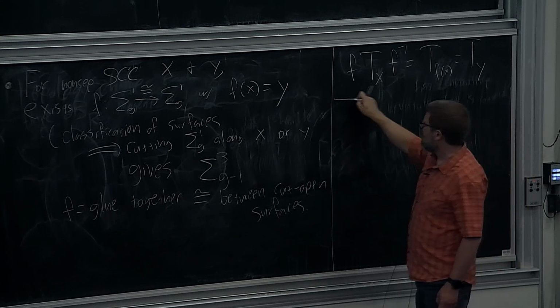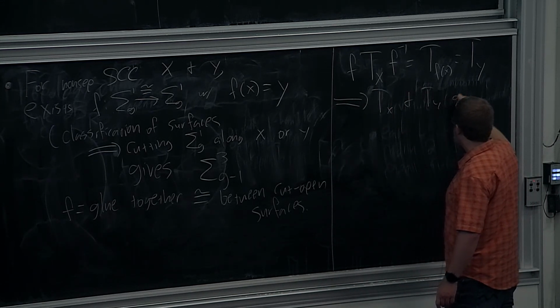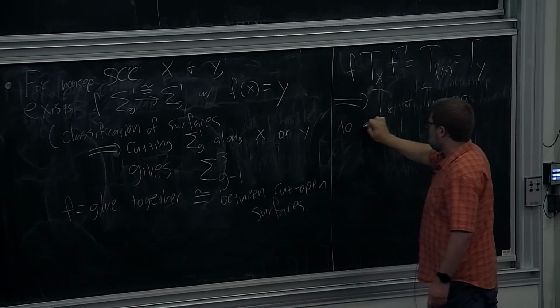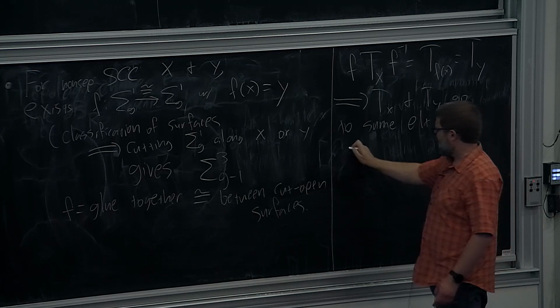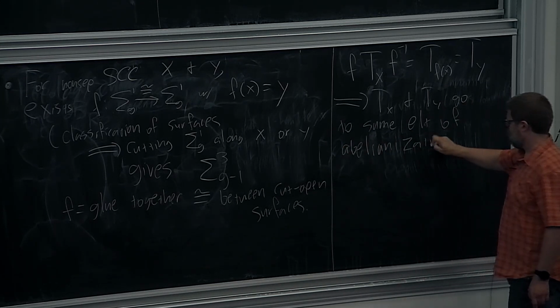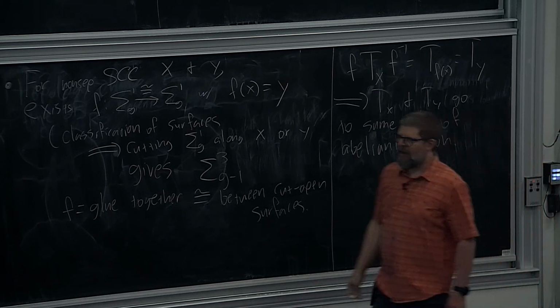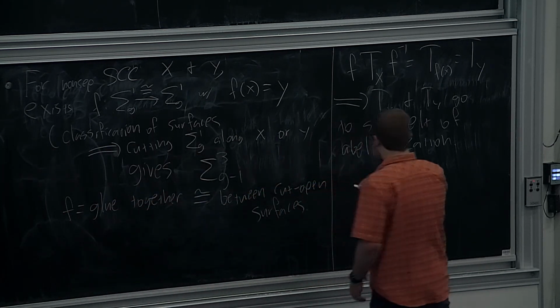And so thus, tx and ty go to the same element of the abelianization. Right? So it's generated by a single conjugacy class of elements, and therefore the abelianization is cyclic.